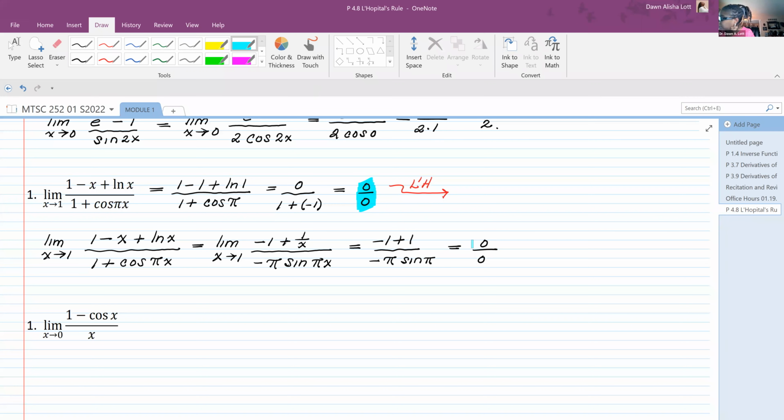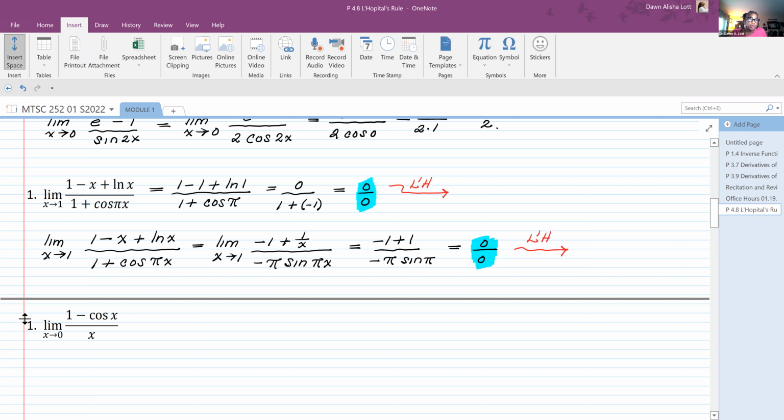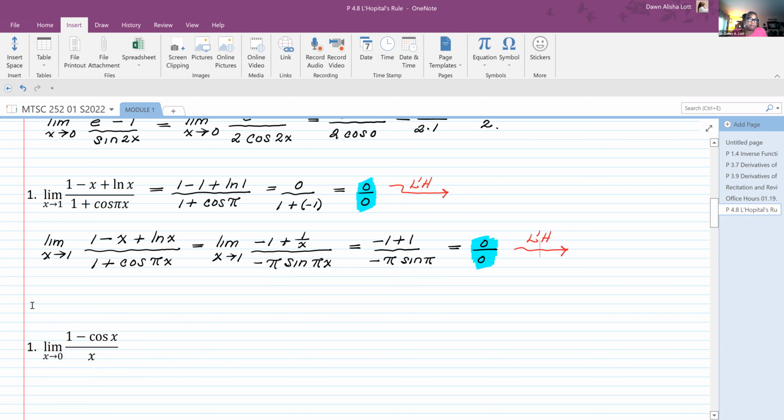So guess what? I've done this one time again, and again, I got the indeterminate form. So I need to use L'Hopital's rule for a second time. Okay, does everybody see that? So sometimes you may be doing L'Hopital's rule 2-3 times. I think the next time is the last one though.